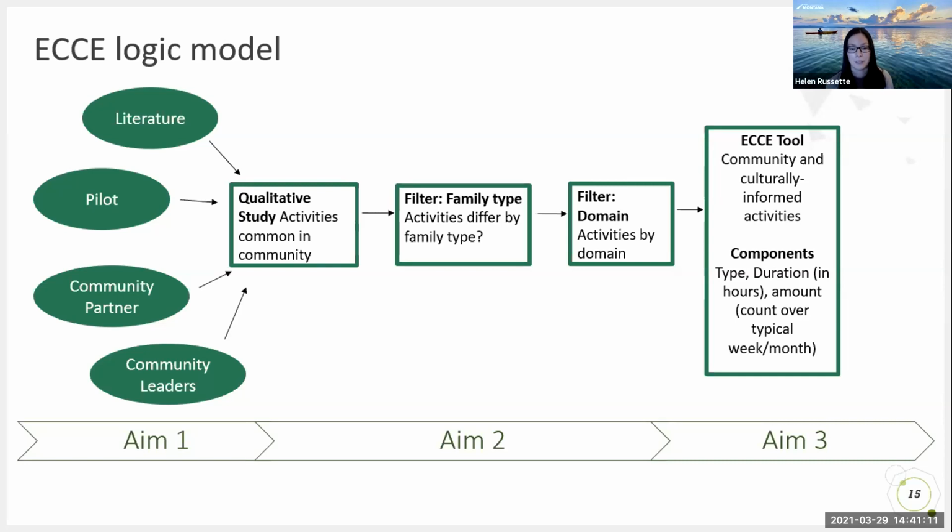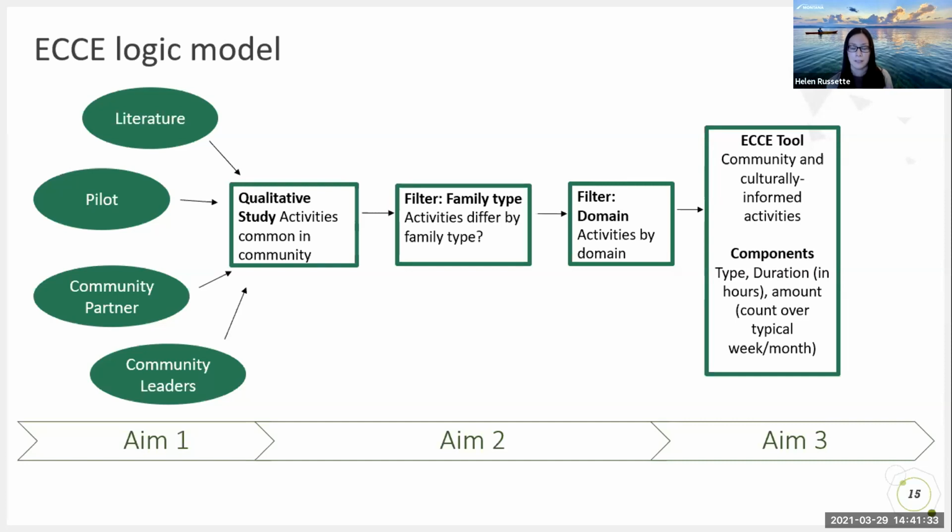We met several times with our community partner to identify relevant events and activities that they had hosted. And so we piloted this tool and we reviewed literature for activities relevant for young children. And so all of that went into the qualitative study tool.